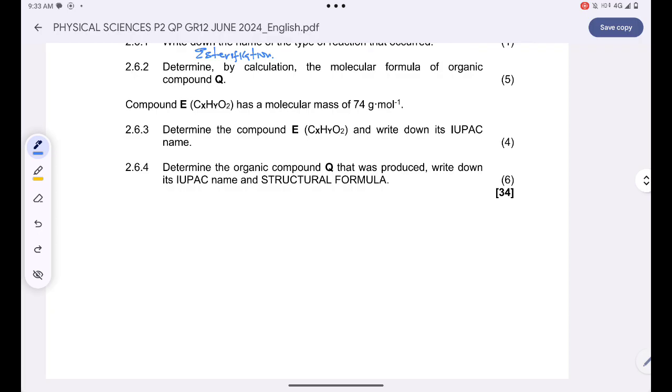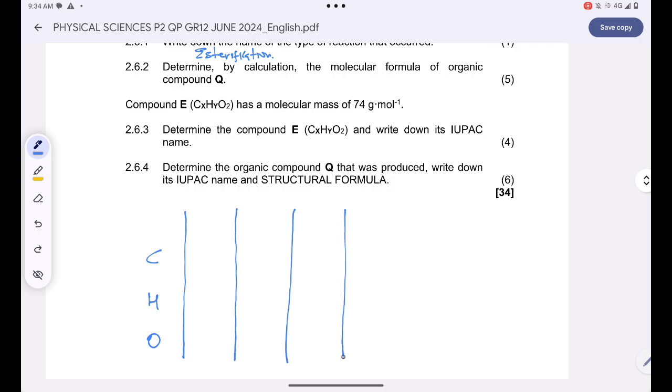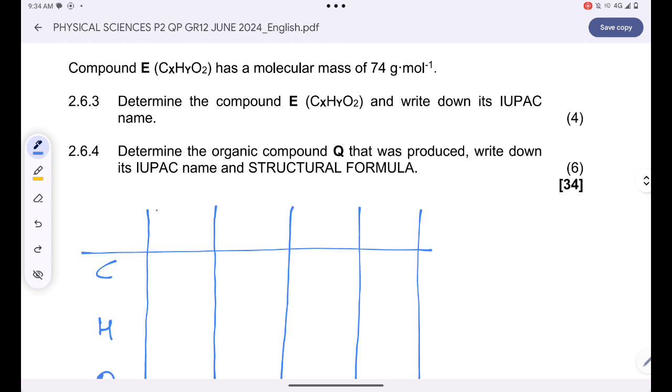Okay, let's just do so. How can we do that? Remember that we have carbon, hydrogen, and oxygen. Whenever you are given percentages, we must always change them into masses. So over here, I'll simply have the mass of my compounds in grams.